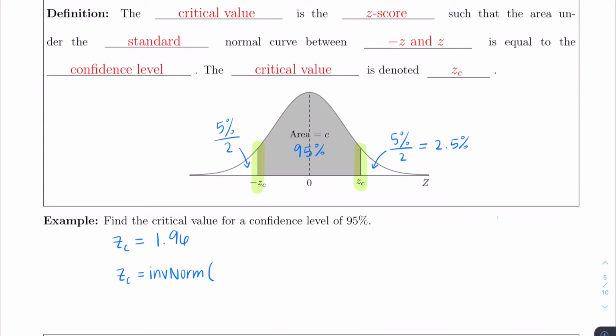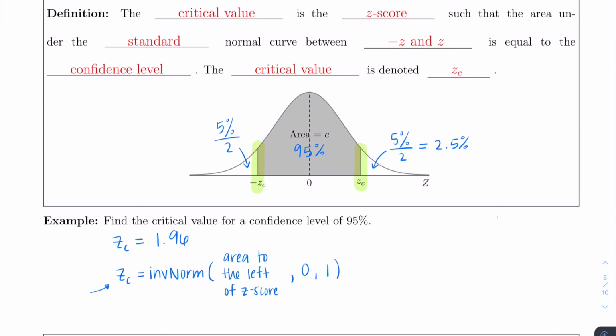The first number it expects here is the area to the left of the z-score, and then the mean and standard deviation for a standard normal curve, because you're looking for a z-score. And keep in mind that what this returns is a z-score. So you're giving it an area, and it's returning that z-score.